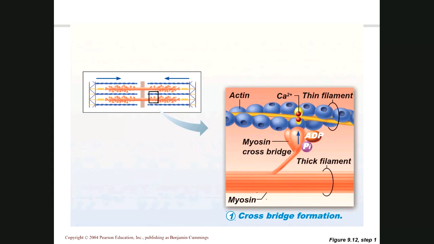Okay, so here you have the calcium that is binding to the troponin and has moved the tropomyosin out of the way, and the active sites of actin are available, and the cross-bridge has formed. So far, no ATP has appeared.